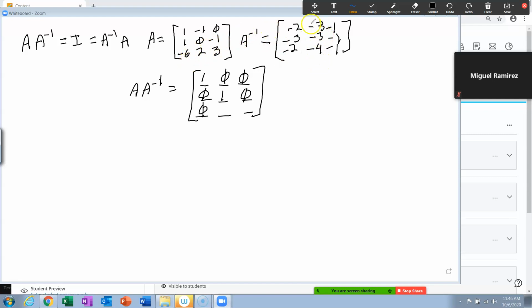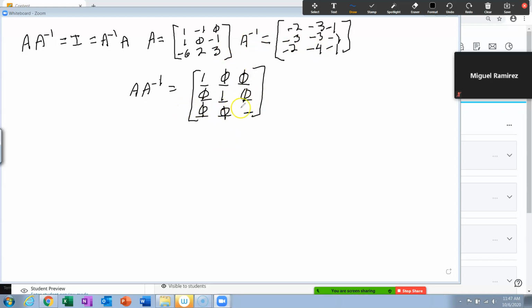-6 times -3 is positive 18, plus a 2 times a -3, that would be a -6, so that would give us a positive 12. Positive 18 minus 6 is positive 12, and then here you get 3 times a -4 is -12, that adds to 0.